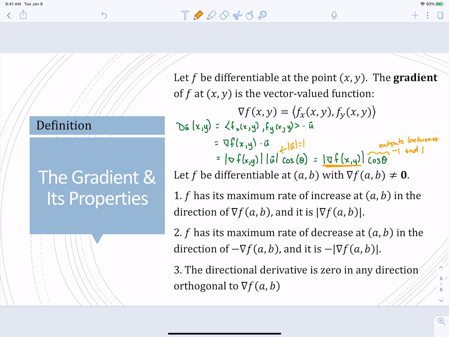Our maximum decrease would be going the opposite direction. If we went the opposite way, we would get the biggest rate of decrease, and the actual value for that would be the opposite of the magnitude. And our directional derivative is 0 in any direction that is orthogonal to our gradient.